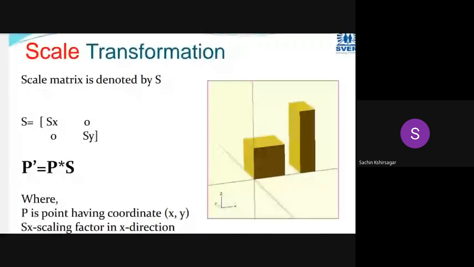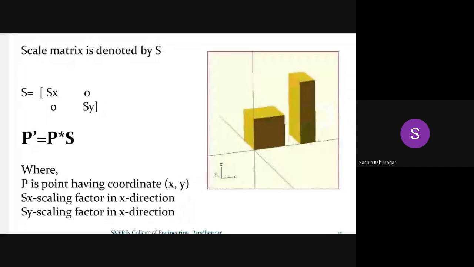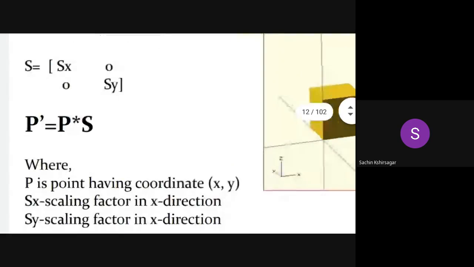P is the point having coordinates, and Sx is the scaling factor in X direction and Sy is the scaling factor in Y direction. Sx is the increase or decrease in X direction, and Sy is the increase or decrease in Y direction. The final scaled P' is equal to initial P into the scaling factor.